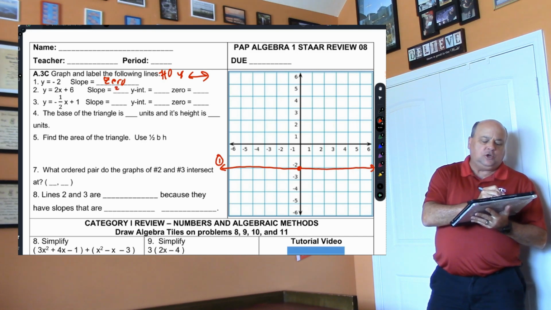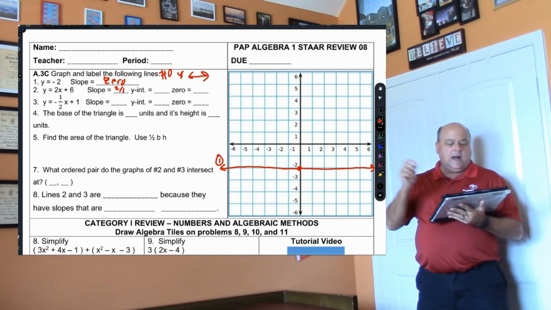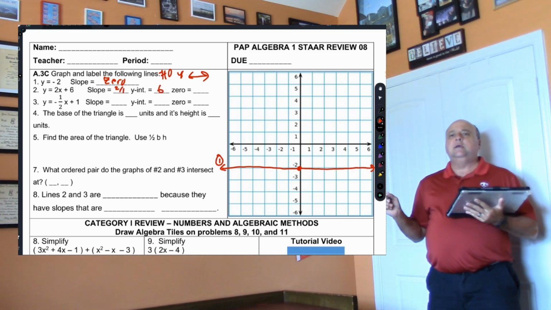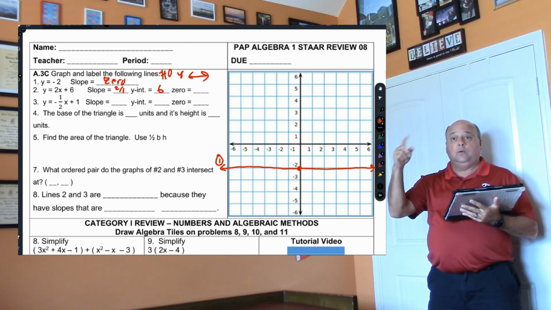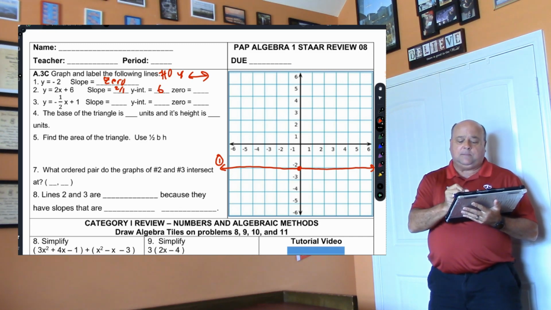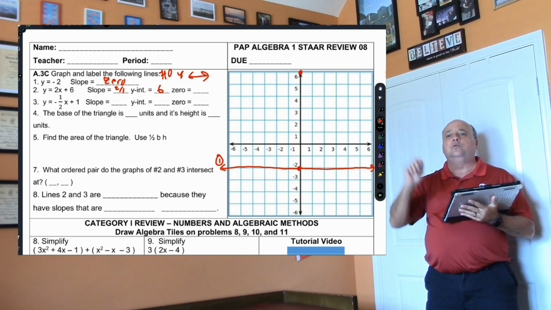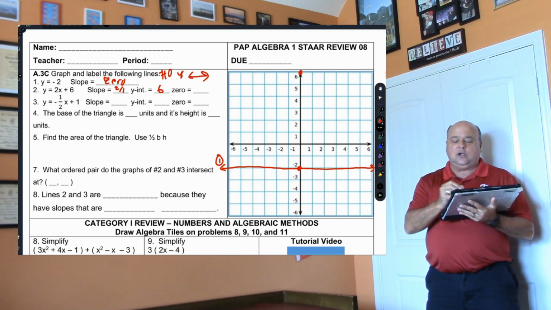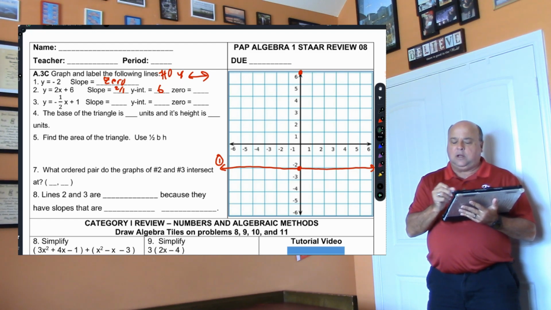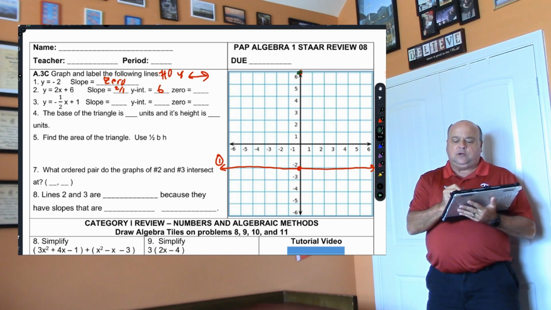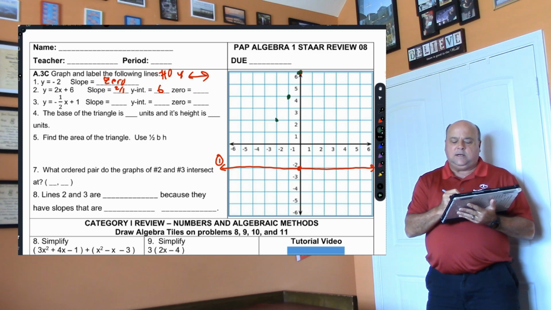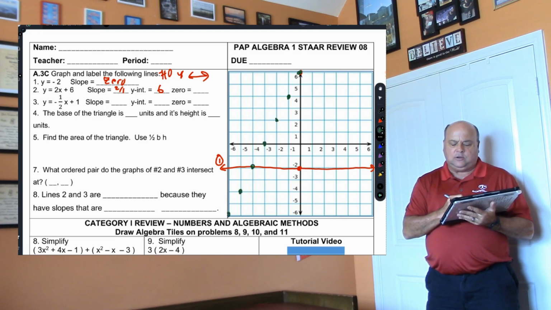Number 2, we have y equal 2x plus 6. So our slope is 2 over 1, and our y-intercept is 6. I'm going to put a dot at 6, and notice I cannot go up 2, right 1, can I? Since I can't, I'm going to go down 2, left 1 repeatedly.